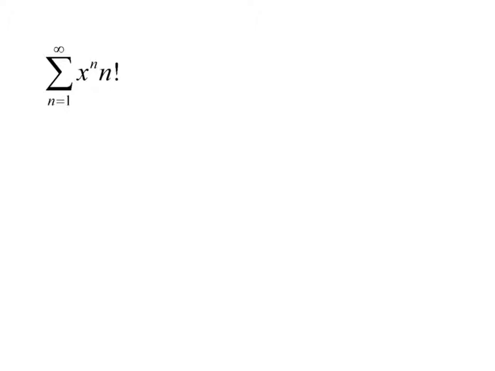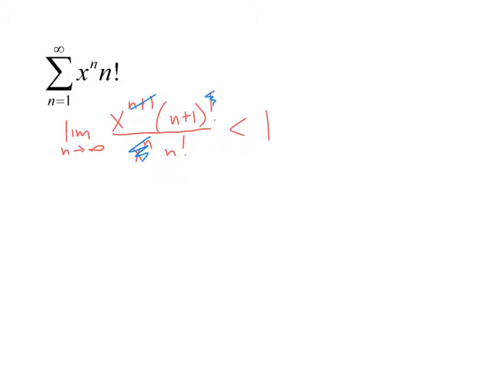Okay, so let's do our n plus 1 term, so x^(n+1) times (n+1) factorial, and on the bottom, I'm just going to divide by x^n and n factorial, taking the limit as n goes to infinity. So we do our simplifying. I've got a leftover x on the top. (n+1) factorial divided by n factorial is just going to be n plus 1.